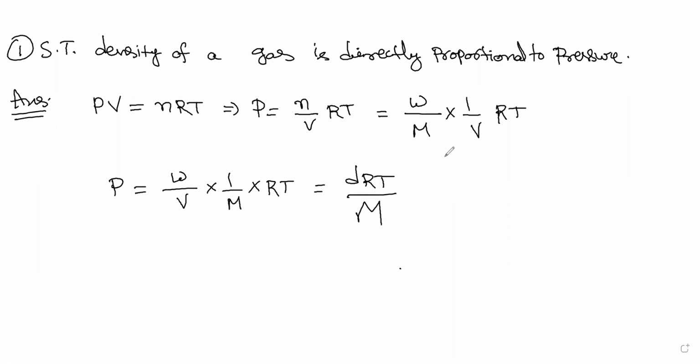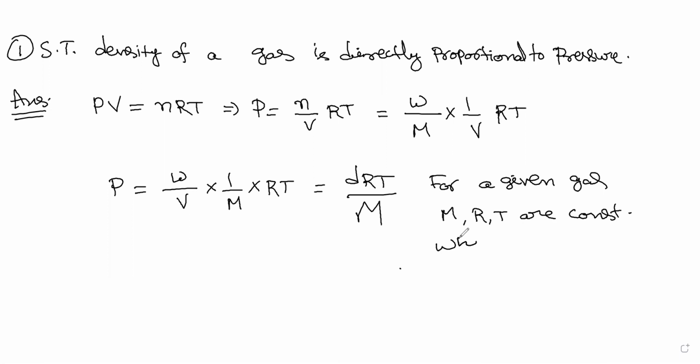divided by M. For a given gas, M, R, T are constant when we fix temperature.